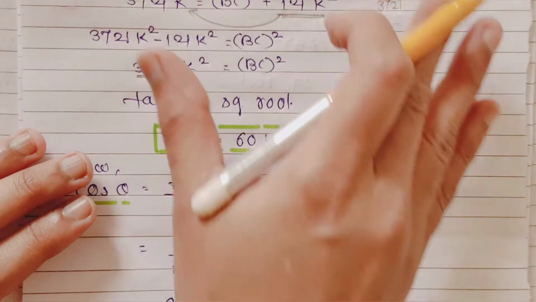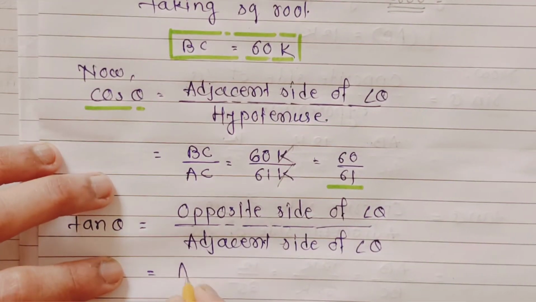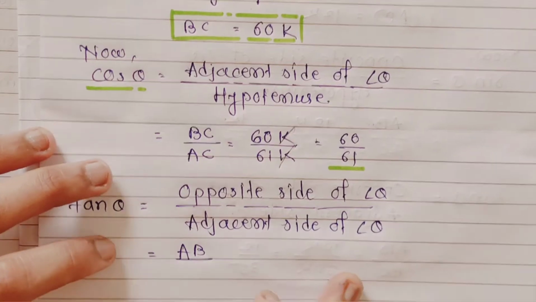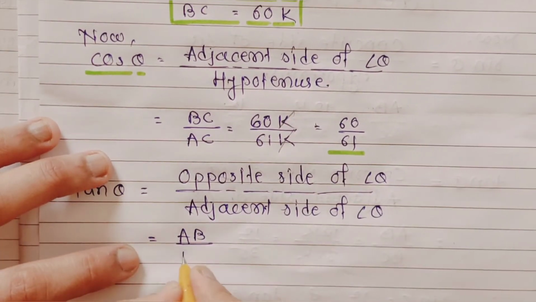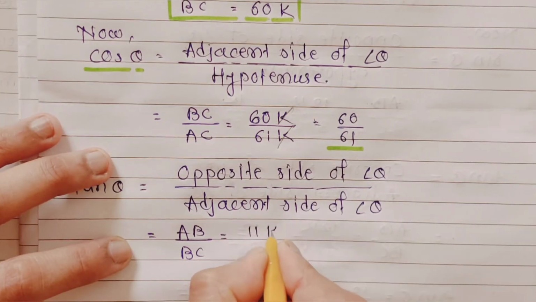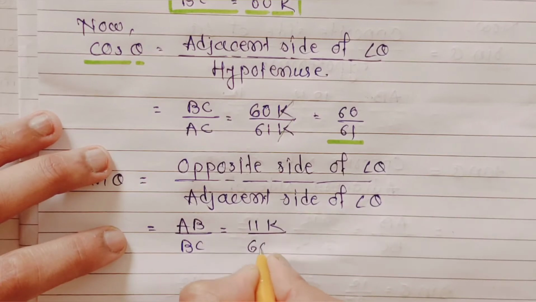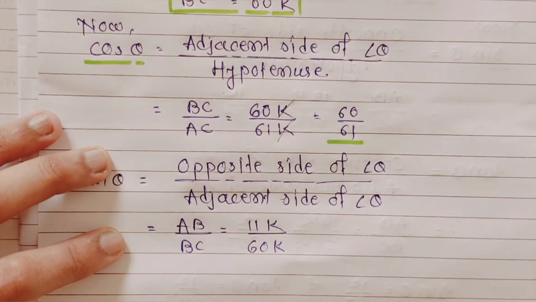Length of AB is 11K and length of BC is 60K. So K cancels K, remaining 11 upon 60.